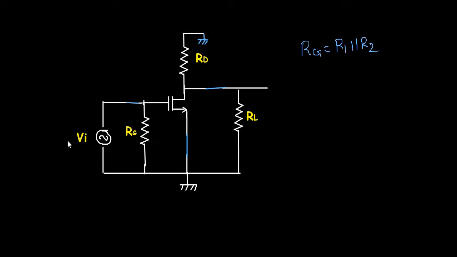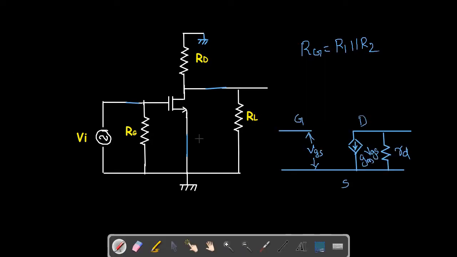Then what is our second step? Our second step is to replace this MOS transistor by its small signal model. Yesterday we studied in detail the small signal model of this MOSFET. So this is the small signal model of our MOSFET, and we can replace the transistor by this model for our small signal analysis.